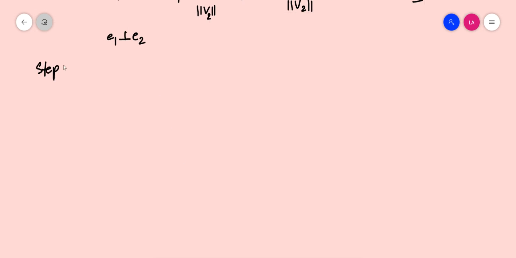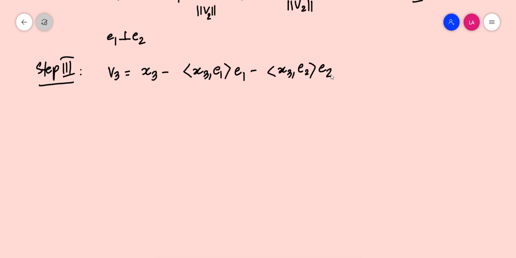Step 3. Now similarly we can construct v3, which is defined as x3 minus inner product x3, e1 times e1 minus inner product x3, e2 times e2. This is clearly a non-zero vector, because e1 and e2 are linear combinations of x1 and x2, and x1, x2, x3 are linearly independent.